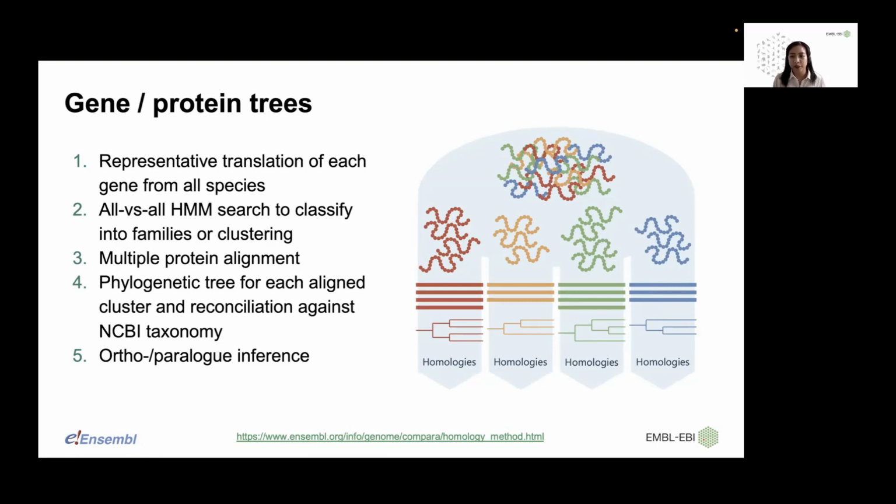Then we align them, we reconcile them against species trees to produce a gene tree. And then finally, from those gene trees, we can make homolog predictions and potentially infer the function of a gene in a different species. So this would be especially useful for species that are not quite as well studied as others, so non-model organisms.